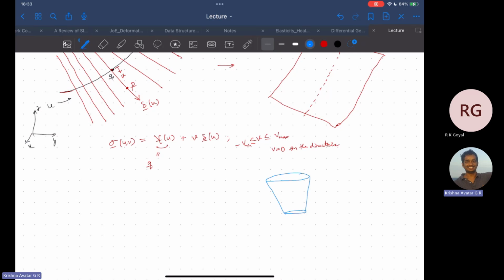And then we can clearly see that if we mark, say, let this be some sort of a curve which goes along both sides, let me use a different color. Let this be the directrix, and these red lines are the rulings.